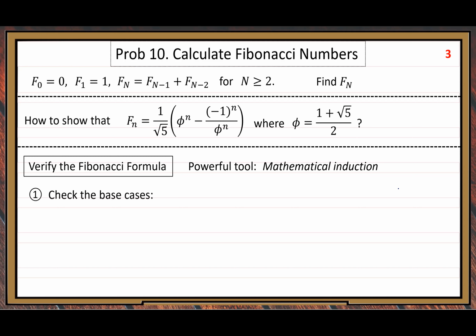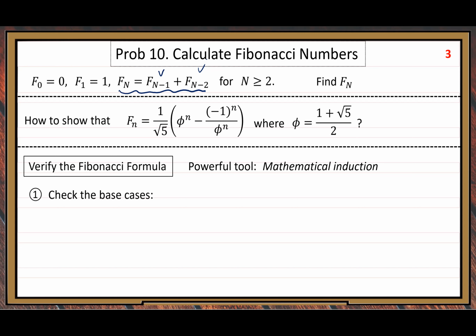But how many base cases are sufficient for us to apply mathematical induction? Look at this recurrence relation. On the right-hand side, we have two terms. When you have two terms, you need to verify the first two base cases.